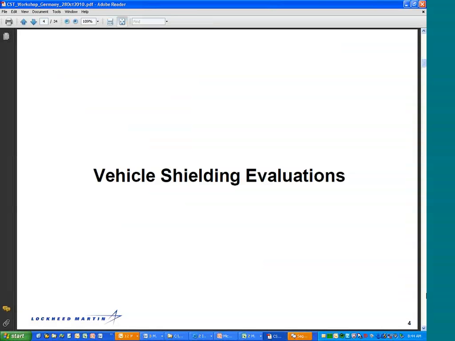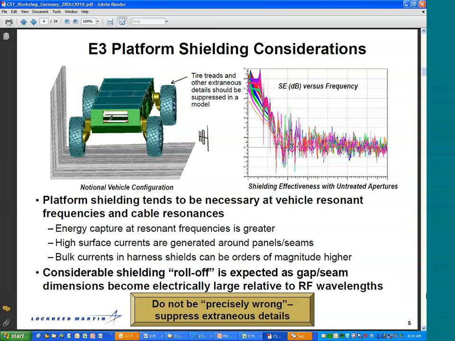So moving into vehicle shielding, when you look at a vehicle, in this instance a ground vehicle, and ground vehicles get struck by lightning as well. You have a cavity and various subcavities within the vehicle, and there's a point at low frequency, as depicted on the right, that you get good shielding. Apertures really do not become electrically significant until you get up to certain frequencies, depending on the size of those apertures and seams.